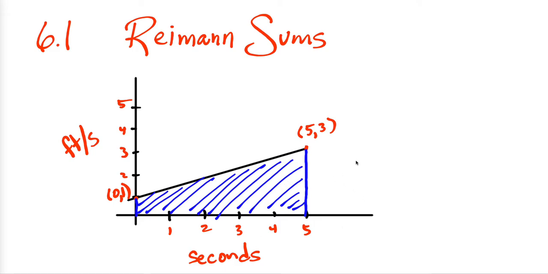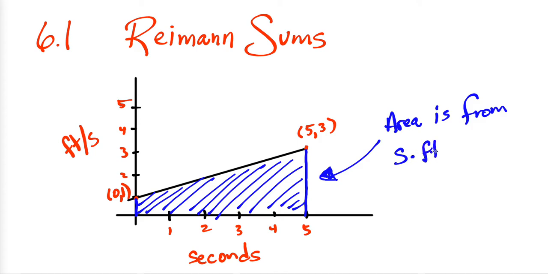So this blue shaded area would be found by taking seconds, which is the bottom dimension, times feet per second. So your answer should come out as feet.